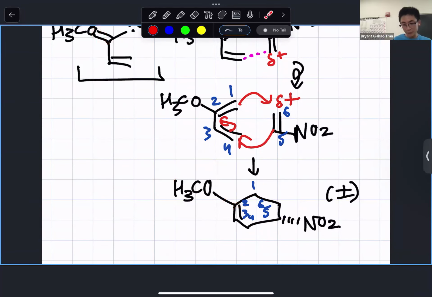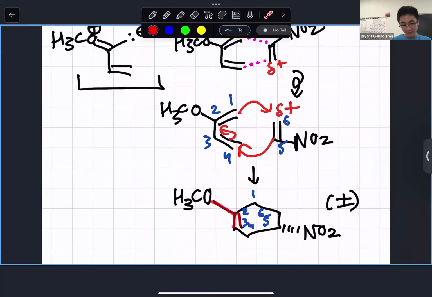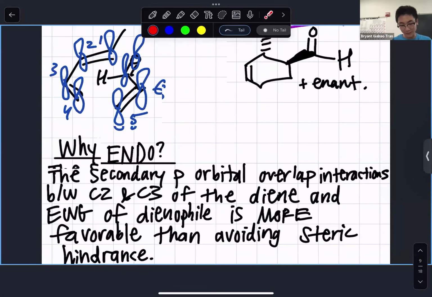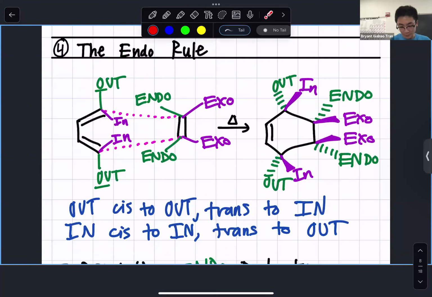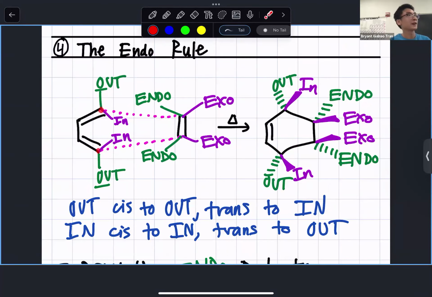We know that it will never be a wedge or dash. It will always be flat. Like this flat bond here is never a wedge or dash. It's always going to be flat because of the sp2 here, right? The octet rule would not apply because it only applies to groups on 1 and 4, right?